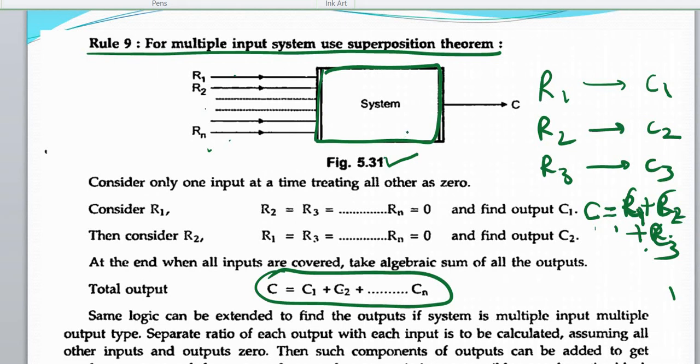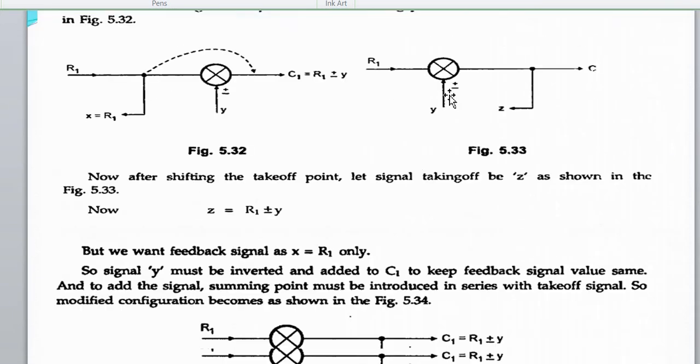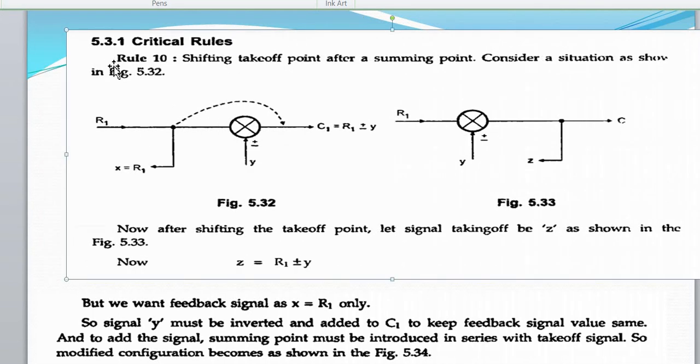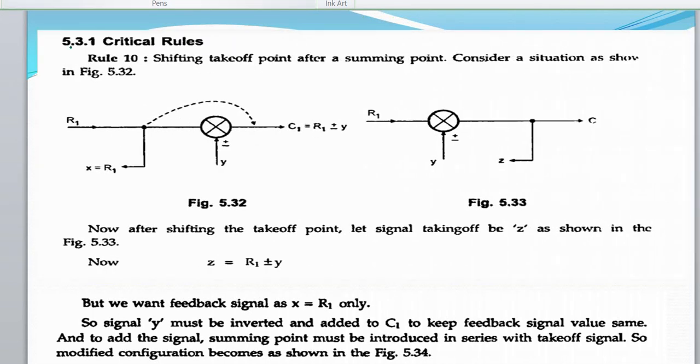These 9 rules are called the normal rules of block diagram reduction, which are very commonly used. Then I will be going to rule number 10, which is called the critical rule.